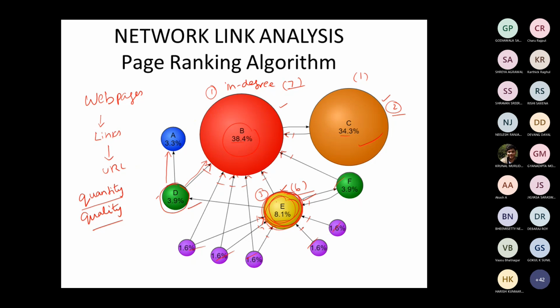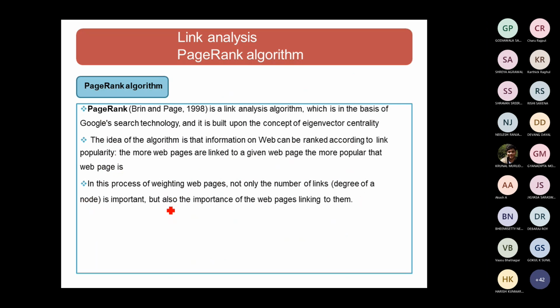For example, I will give you another example, as I told you even in the last class. I have a node B with 1, 2, 3, 4, 5, 6, so total links are 6. If I have another page A, I have 1, 2, 3, 4, 5.